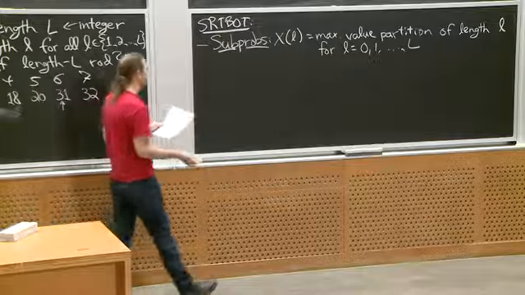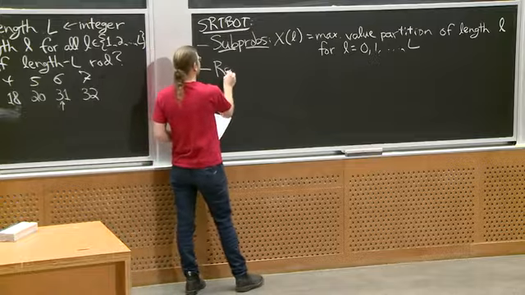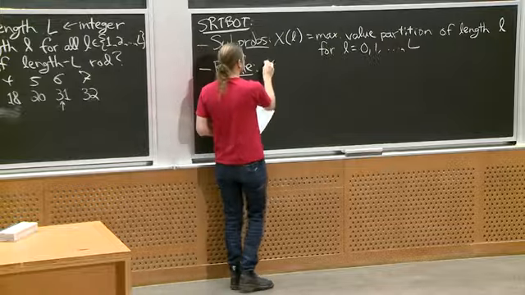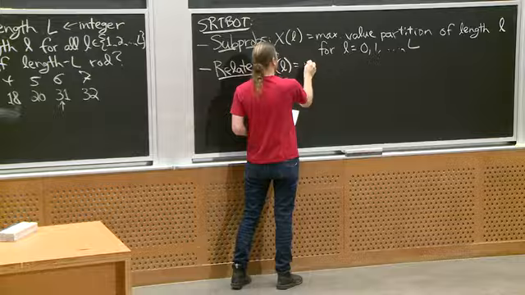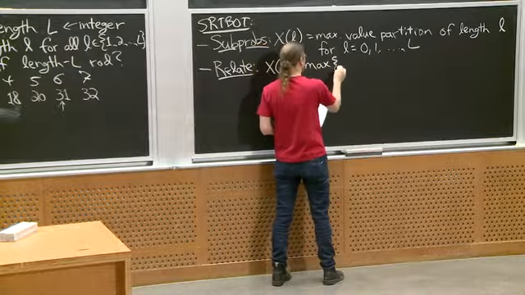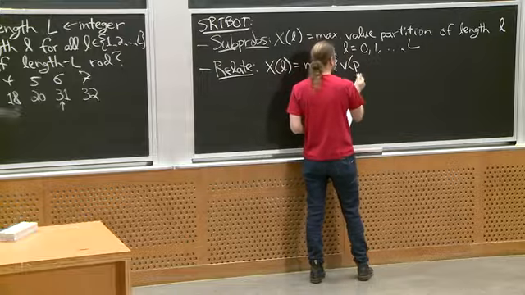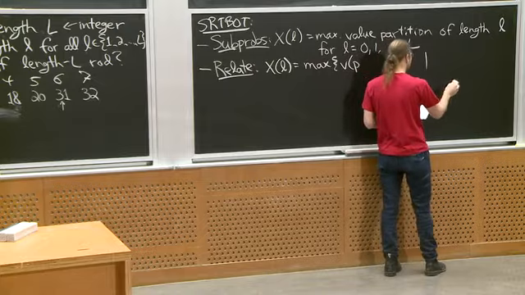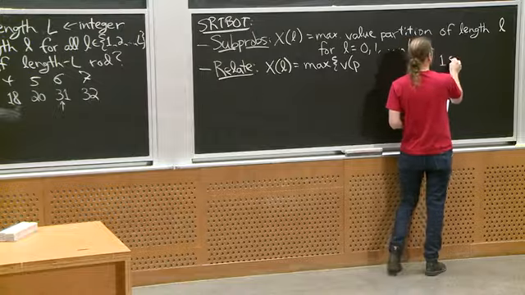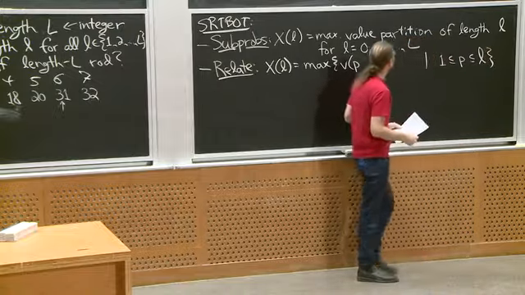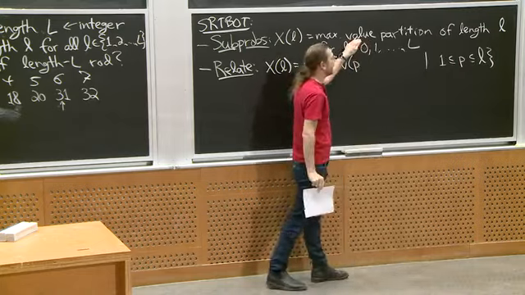Okay. So I claim this is a good set of subproblems because I can write a recurrence relation, which is actually pretty simple. Like I said, we want to choose some piece. So we're given a rod of length little l.